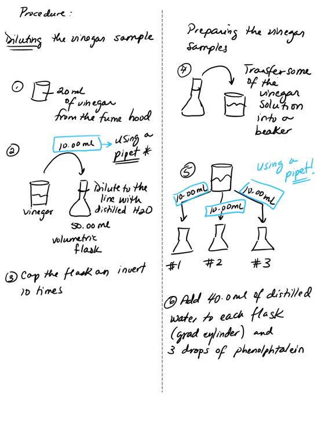So take your pipette and measure 10 milliliters using the pipette again from the diluted vinegar solution. Transfer 10 milliliters into each volumetric flask and you have 3 of them. Label your volumetric flask so you can copy the data for each one.